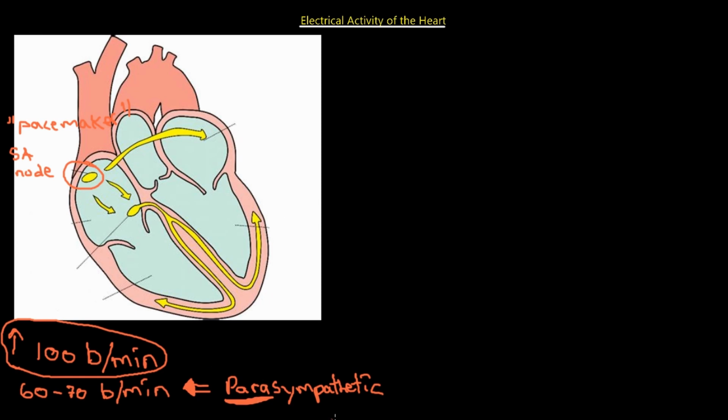So first, we're going to remove parasympathetic input, and we are going to generate sympathetic input onto the SA node. And the sympathetic is going to increase the heart rate to anywhere up to 220 beats per minute.